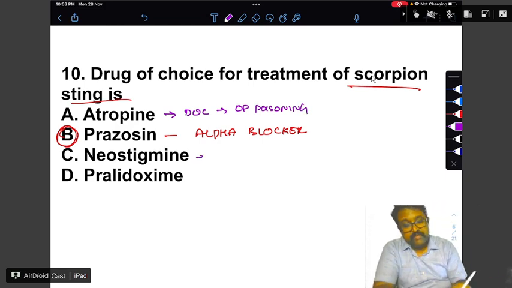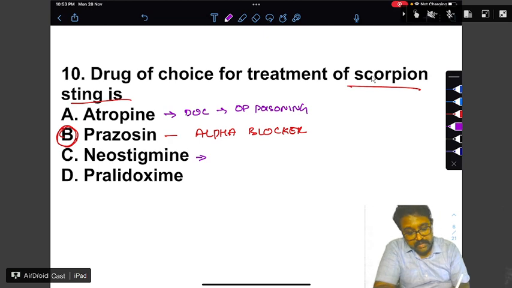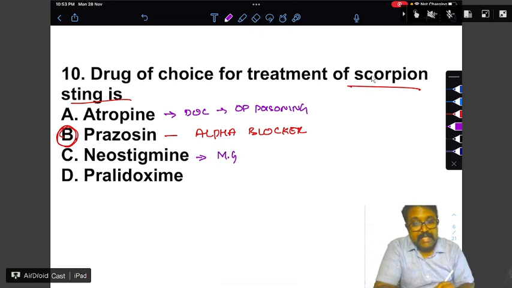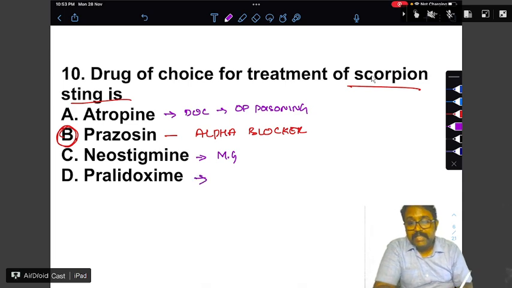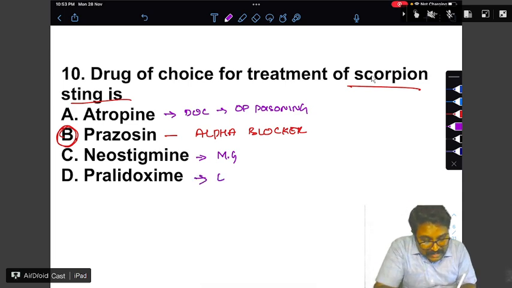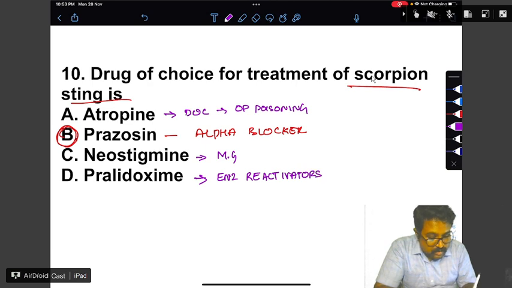So neostigmine, where is it used? Neostigmine is used in case of myasthenia gravis. So where do you use pralidoxime? Pralidoximes are enzyme reactivators, which are used along with atropine in case of OP compound poisoning.